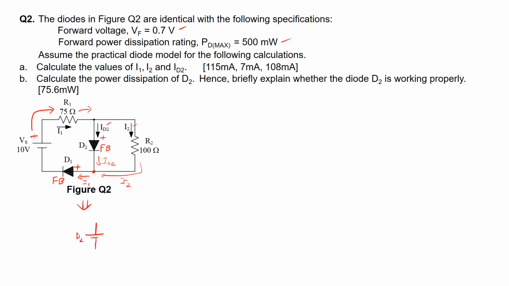This is for diode D2 here. It's been replaced by a battery with a value of 0.7 volts. And right across the diode D2 is the resistor R2, which is in parallel with it, and having a current I2 passing through this resistor R2.